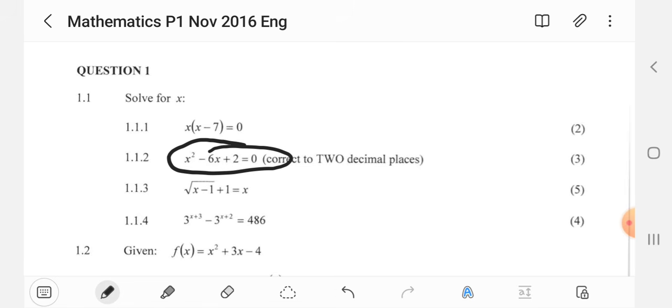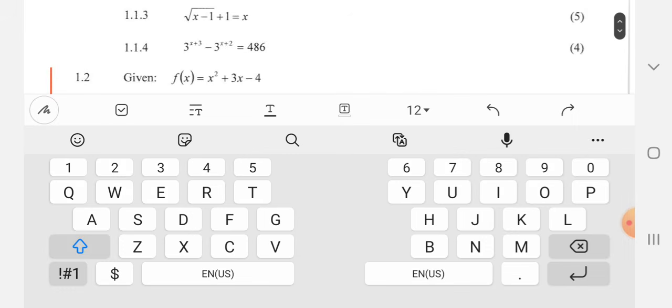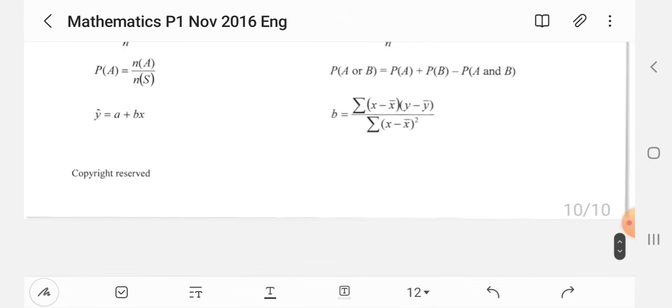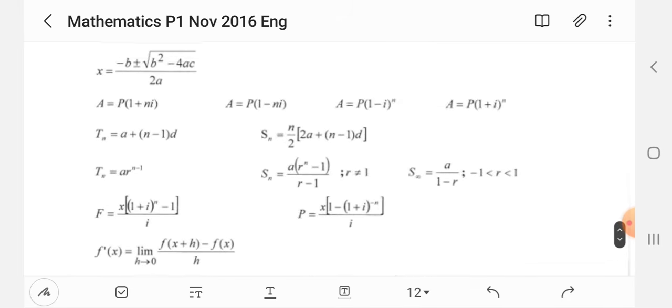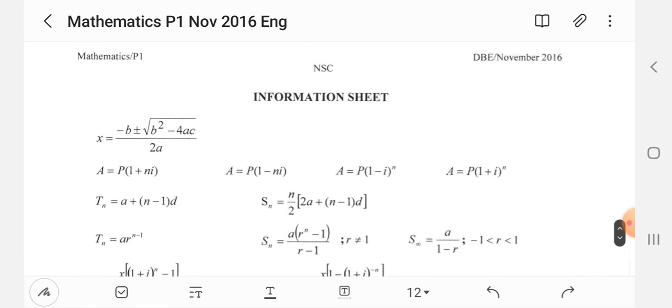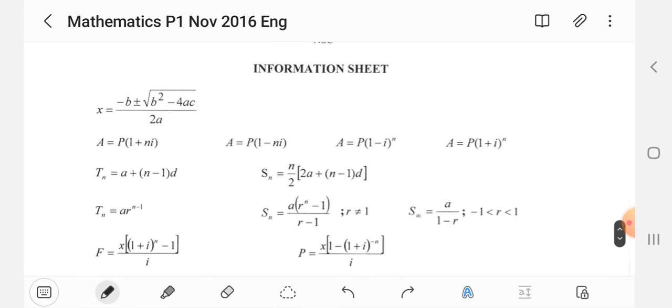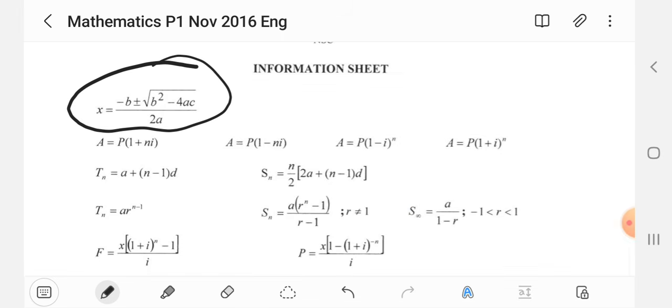It is the quadratic formula. So let's go down. At the bottom, you have an information sheet here. This is where you will find your formula. Oh, it's the first one. This one. Make use of this formula whenever you see a quadratic equation to find x values.